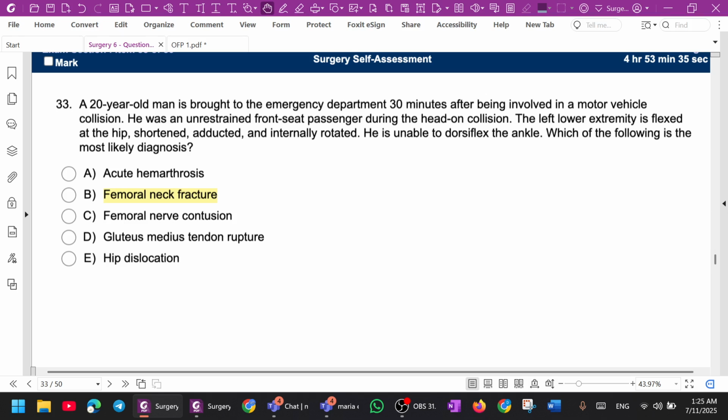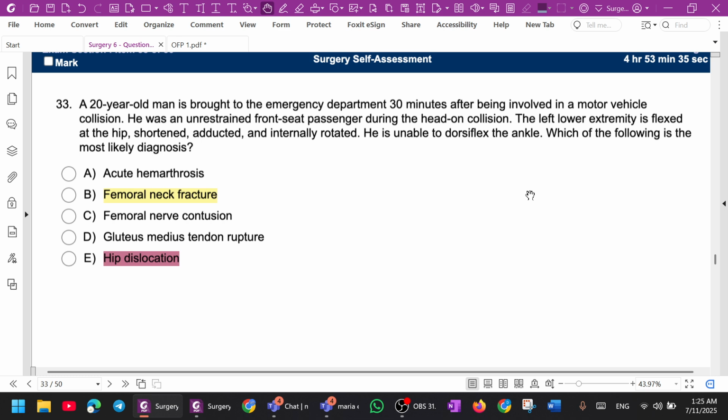It's between femoral nerve contusion and hip dislocation. Yes, these two are the differential. I'll go with femoral nerve because they say something about the ankle. Okay, ready? So what have you picked? The nerve, because I think they say something about the ankle. Okay, let's see. It's hip dislocation. Never mind.